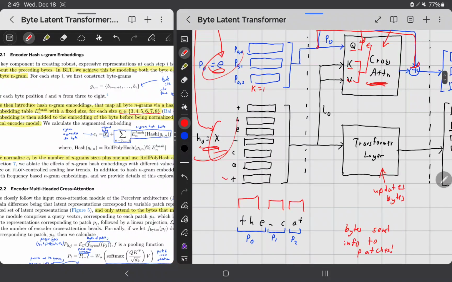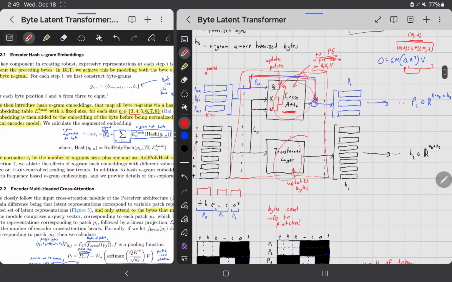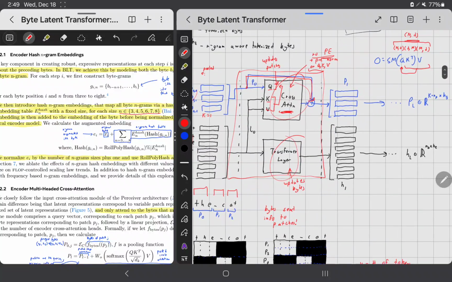You can't have this letter interact with this one over here. And this right here is one block. You basically have this transformer layer operating on your bytes to update the representation in some way, and this one here, which is taking the byte information and distilling it into your patches. And this is one block, and you stack this block. I don't know how many times they stack it, maybe 8 or something. I know they vary it and they look at it.